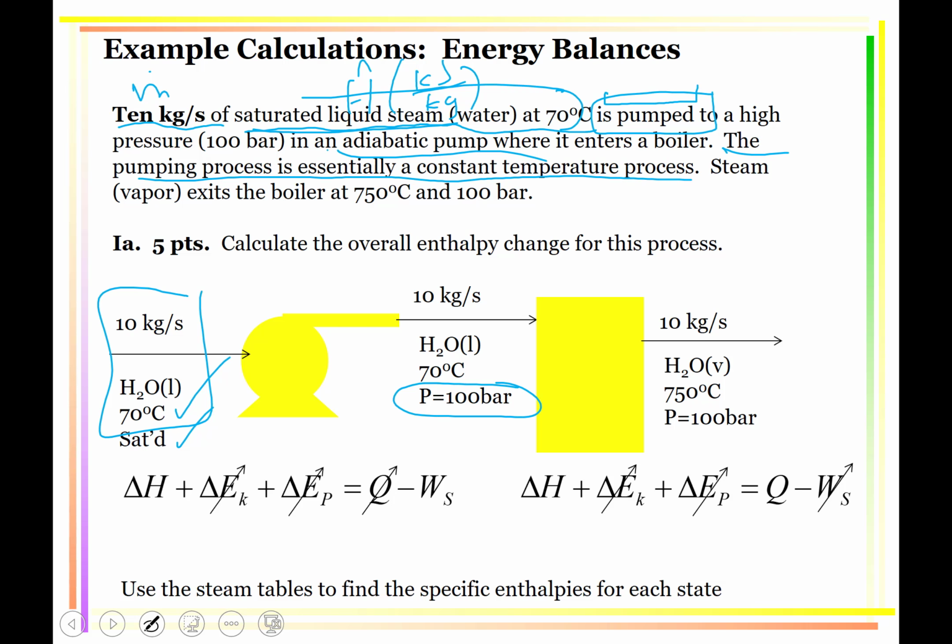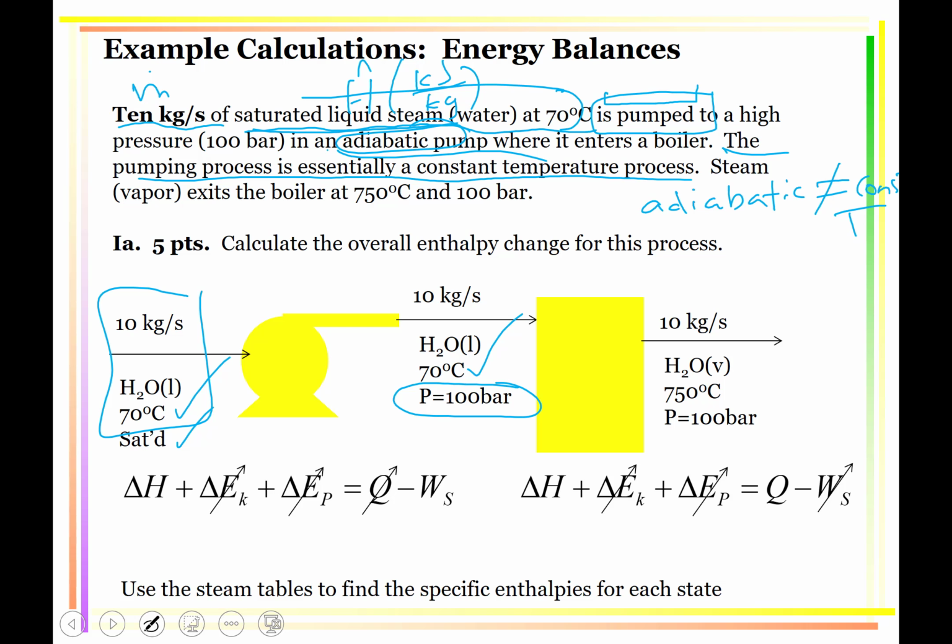In fact, only for liquids, when you have an adiabatic process, can it be approximately constant temperature. Normally, when you have an adiabatic process, it is not constant T, okay? But in this case, it's approximately constant temperature for a liquid.